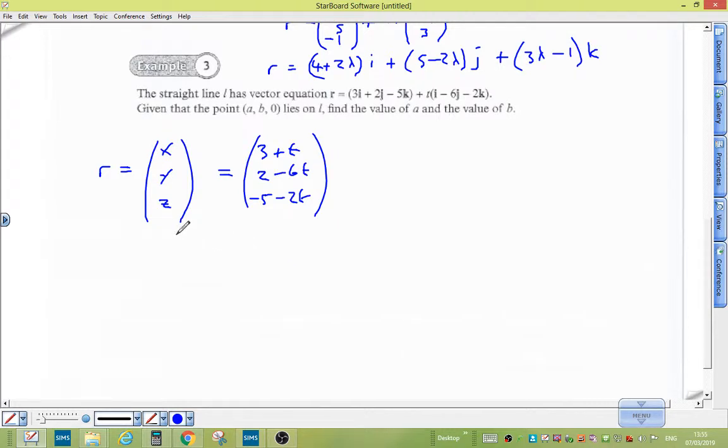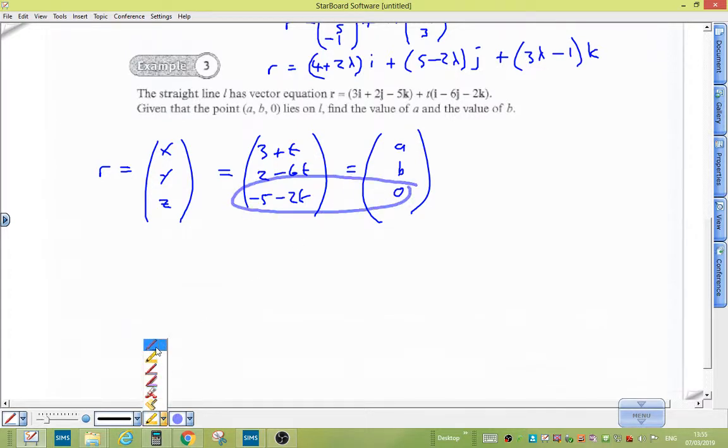So now that is also equal to our specific point x, y, z is A, B, and 0. And you can see the only one we can use there is equating the z. So equate z, and you end up with minus 5 minus 2t equals 0. So clearly t is equal to minus 5 over 2, or 2.5.